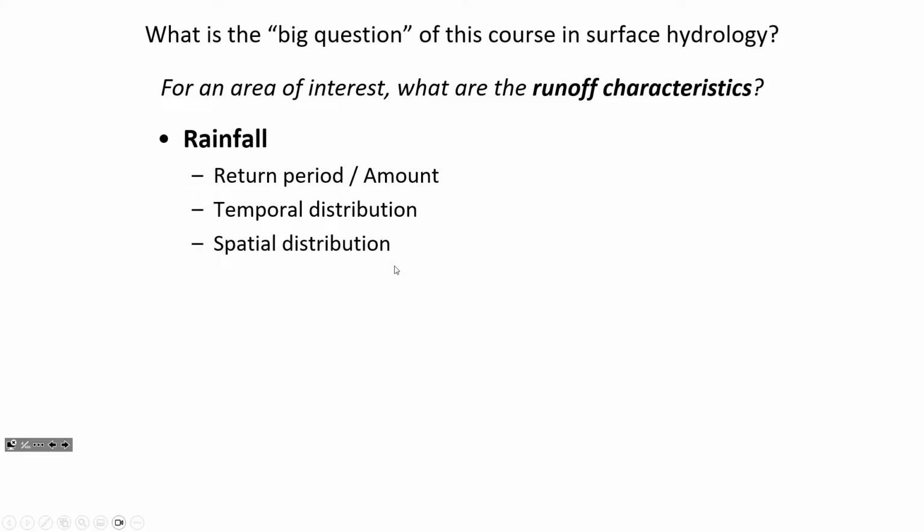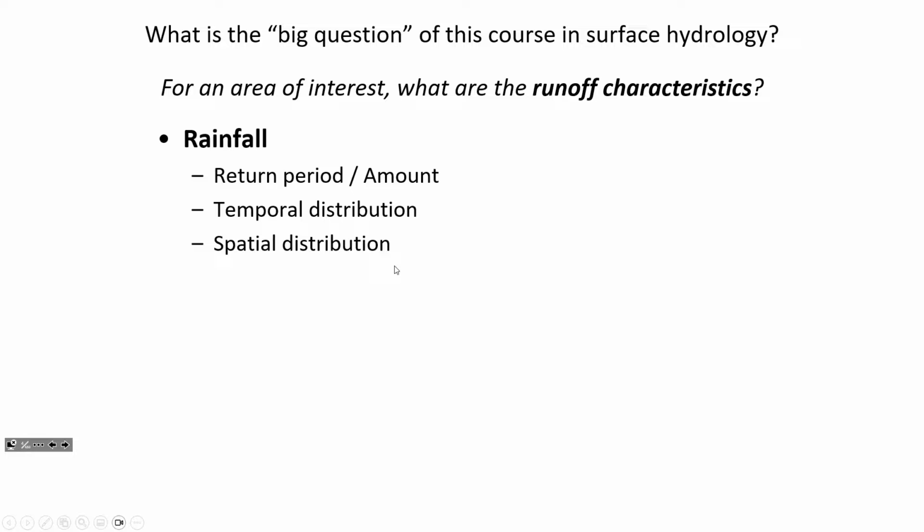And now spatial distribution is discussing how patterns are varying from one place to another. So it may rain really heavily at the Huntington Airport during a certain storm, but it could be really light here in town.